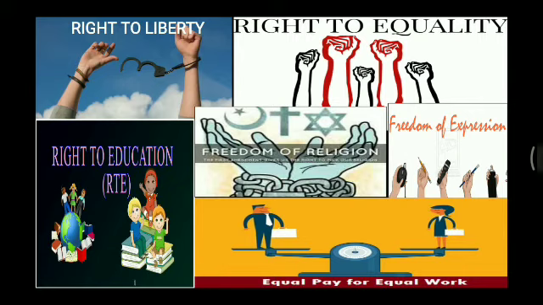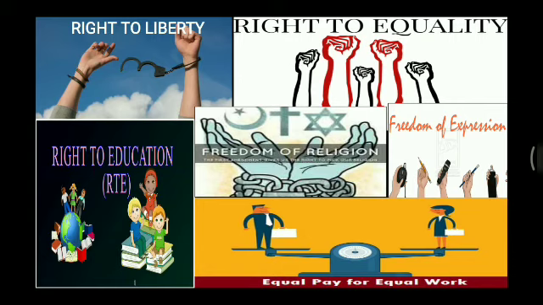This right includes freedom to change his or her religion or belief, and freedom either alone or on a community basis with others, basically to manifest his or her religion, teachings, practice and observance. Next, the freedom of expression. This right includes freedom to hold different opinions and to receive and impart information and ideas without any interference by public authority and regardless of frontiers.